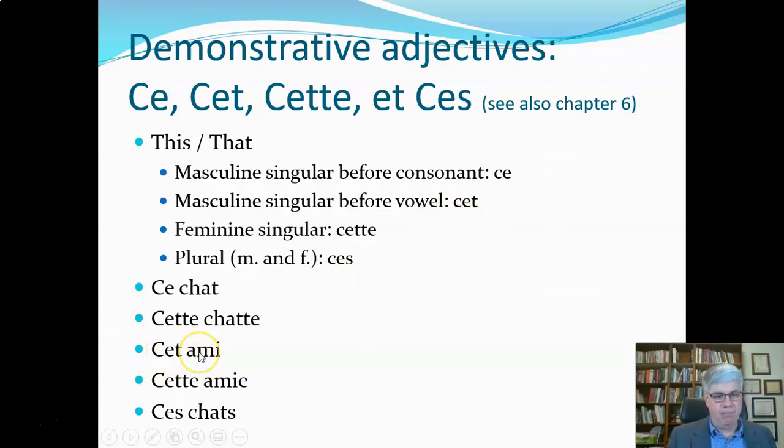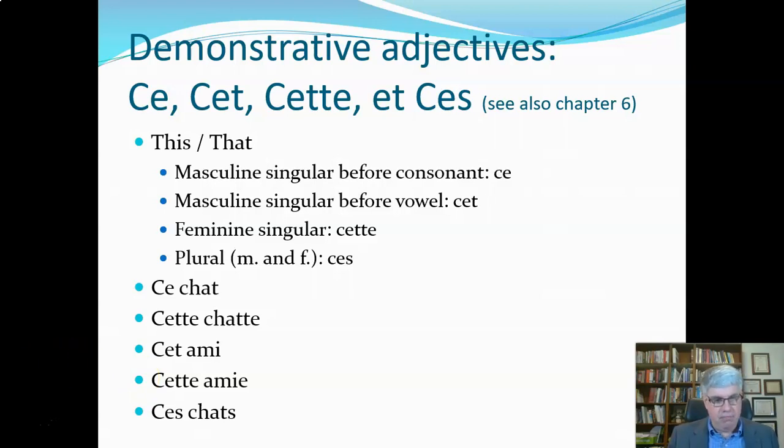So it'd be cet ami. Now here we've got a friend who's female, a girlfriend or a female friend, and we would say cette amie, this friend. Now if I was talking about my girlfriend, I would translate it as this girlfriend, the girl that I'm dating. But if you're just talking about this friend who's female, you would translate it as this friend. So cette amie would be this friend or this girlfriend or that girlfriend.